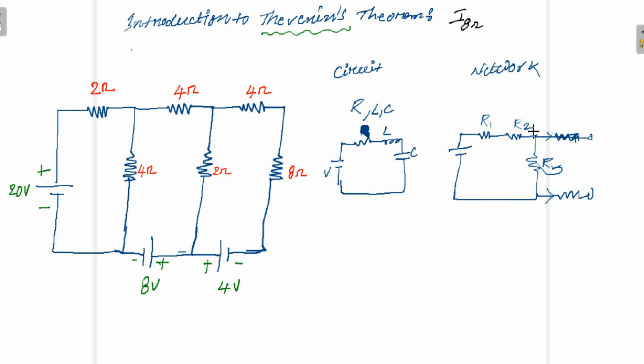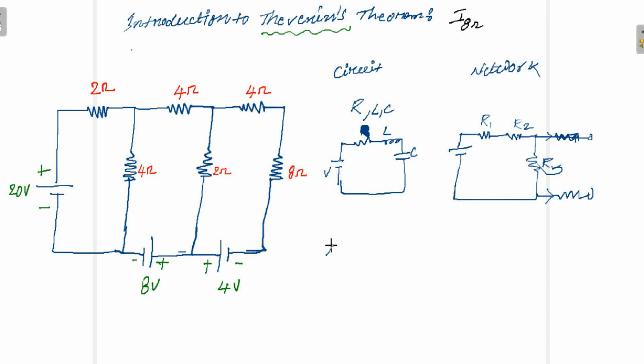So a network may have some open connections also. But for a circuit, there should not be any open connection. If there is an open connection, what happens? The current will not flow through that element. This is the basic difference between a circuit and a network.